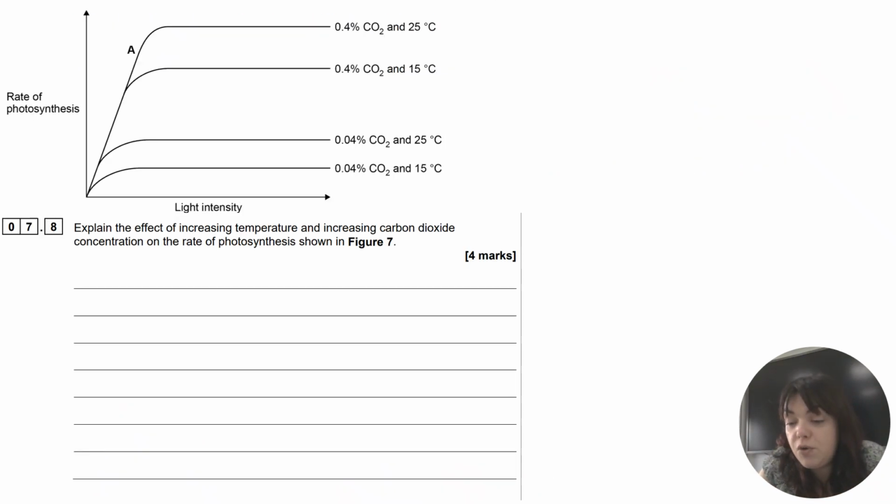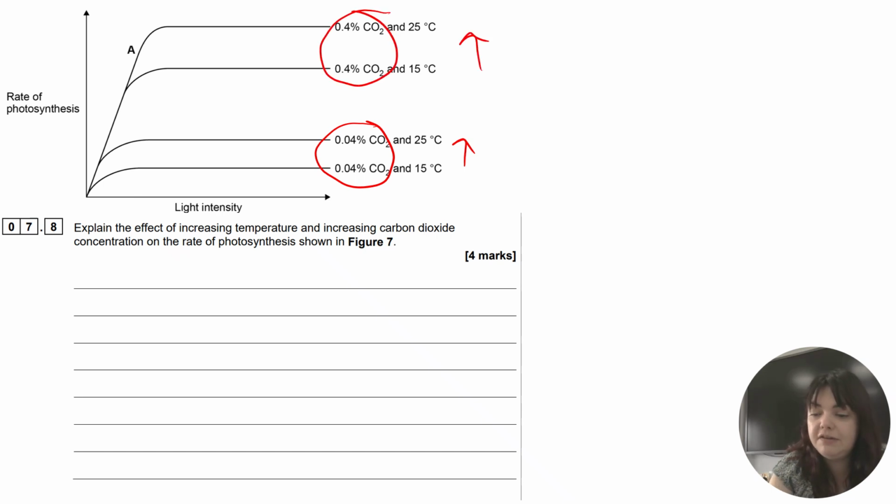Explain the effect of increasing temperature and increasing CO2 concentration on the rate of photosynthesis shown. Okay, right. So this is a tricky one. Okay, so what we're looking at here is this here. We've got the same CO2, but then we've got an increase in temperature. Same CO2, increase in temperature. So what we need to say is that increasing the temperature while keeping the CO2 constant increases the rate.